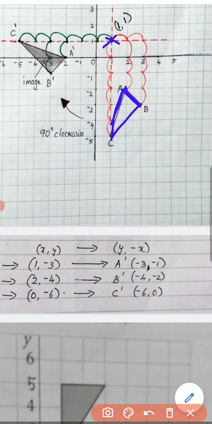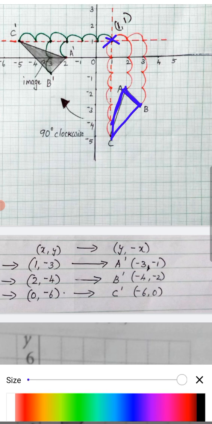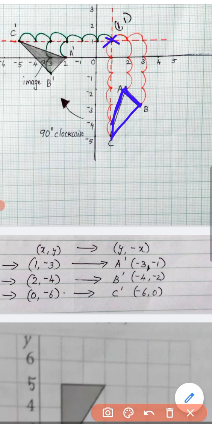Here the center of rotation is not the origin. So imagine that this is our origin, (1, 1). And make a new x-axis and y-axis through this point.